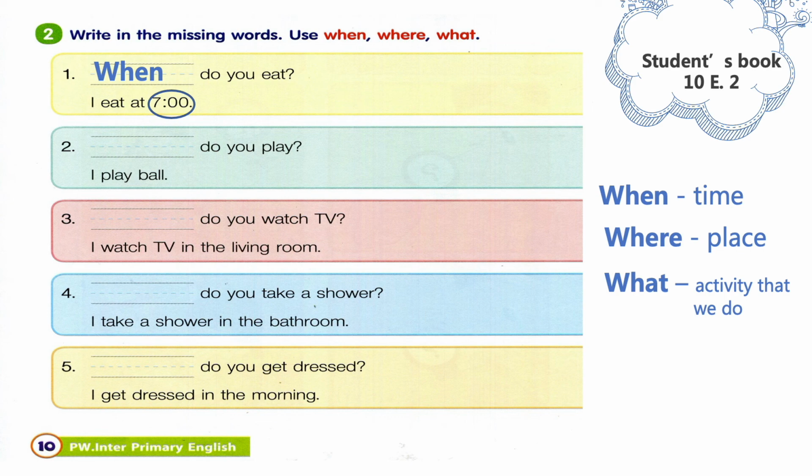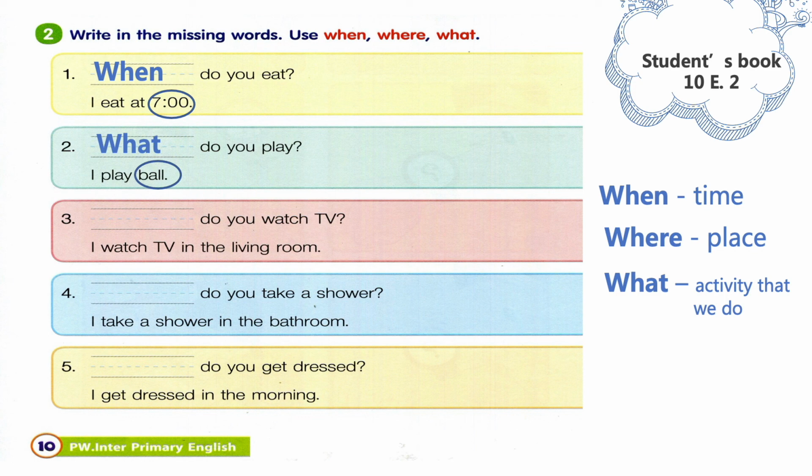Number 2. Blank, do you play? I play ball. What's your answer, students? When do you play? Where do you play? What do you play? The correct answer is what. Why, students? Because of the ball.